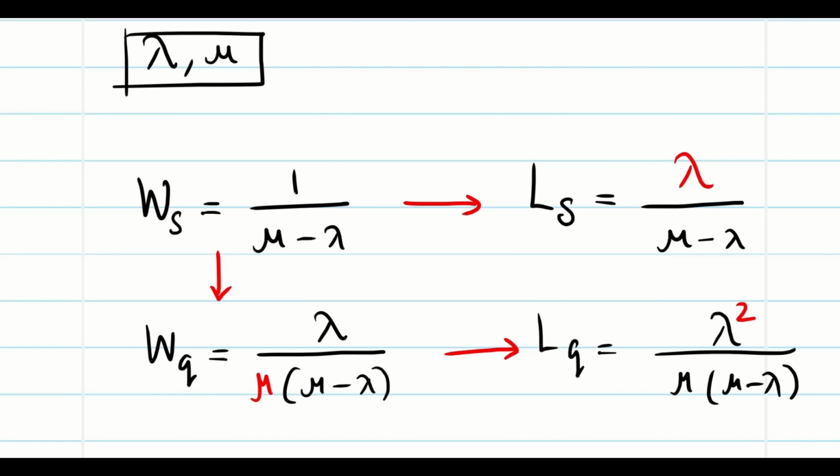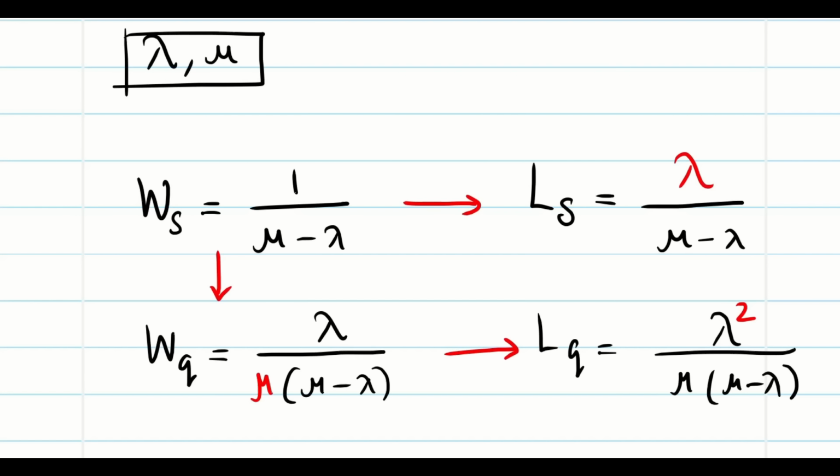It starts from WS. When it's multiplied with lambda, LS. When it's multiplied with lambda by mu, WQ. When WQ is multiplied with lambda, it is going to be LQ. Okay. So we are going to use this formula for our problem solving purposes.